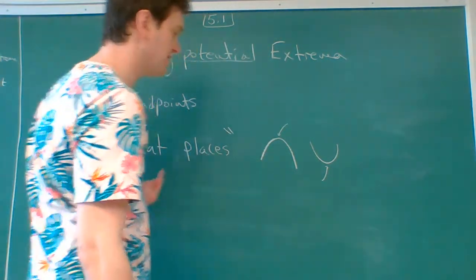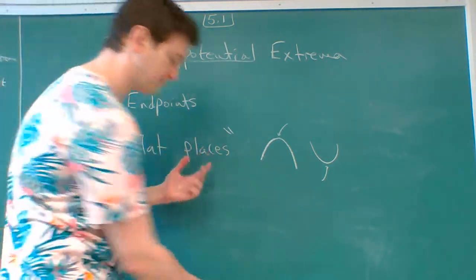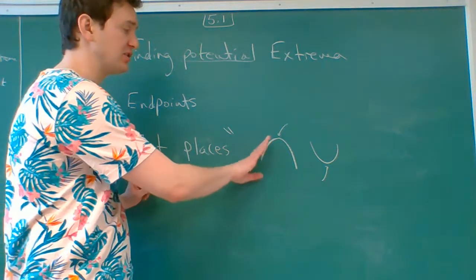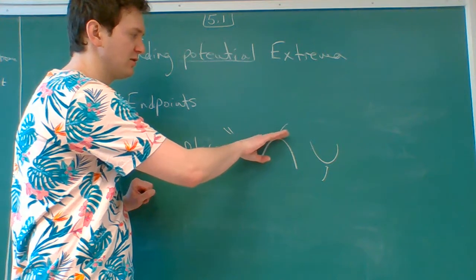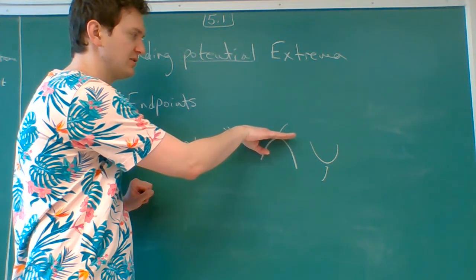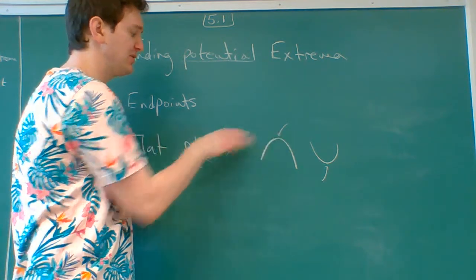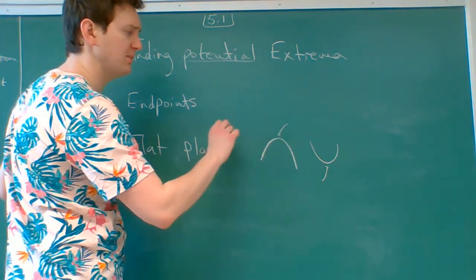And how do we check this? This is where we set the derivative equal to 0, right? Because the derivative in a geometrical sense is the slope of the tangent line of this curve. And what happens when a curve flattens out? The slope of its tangent line is 0. So the slope of the tangent line is 0 at this flat place where we may or may not have a max or a min.